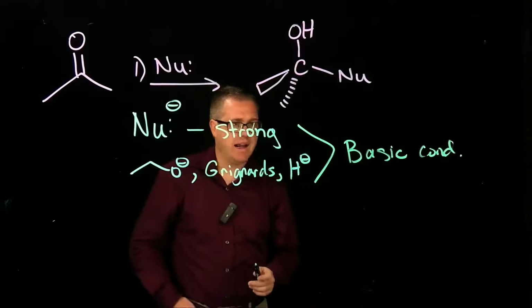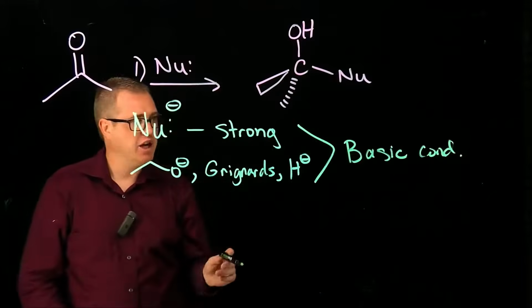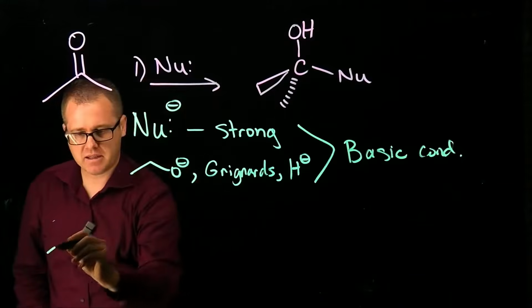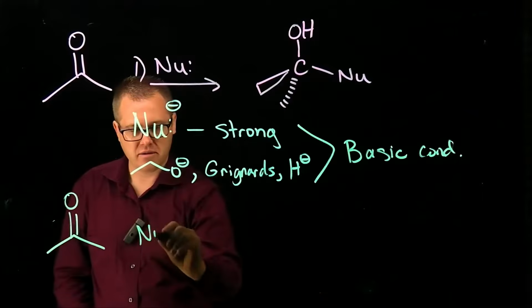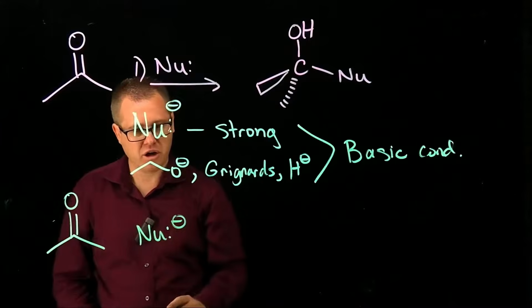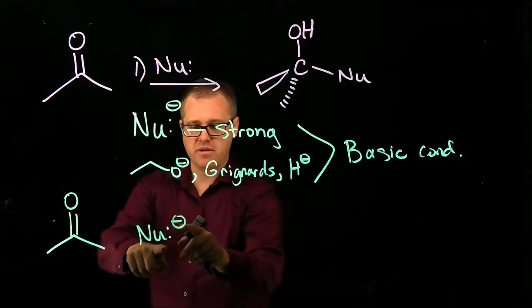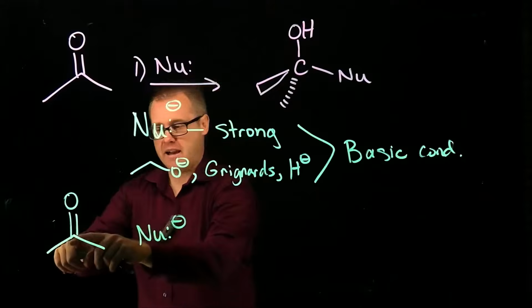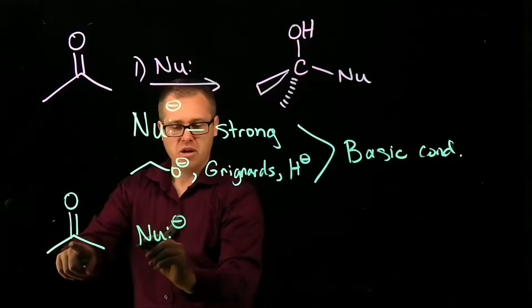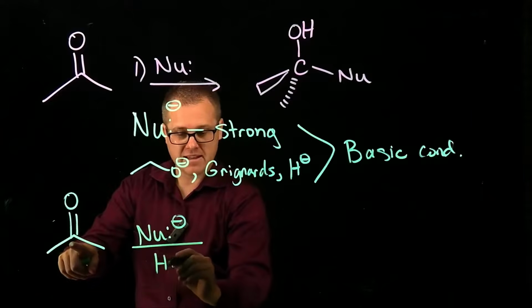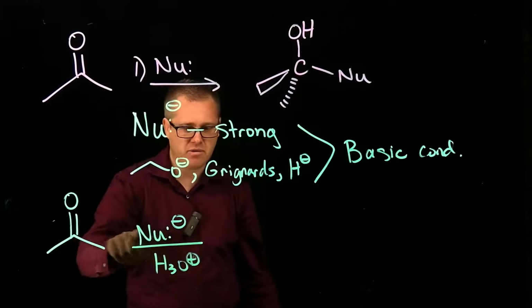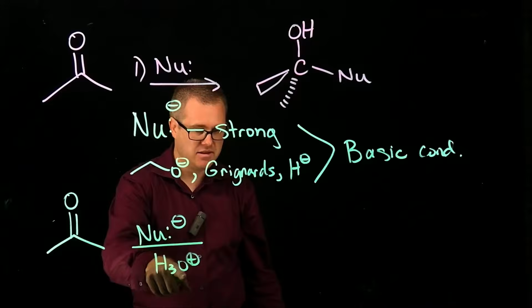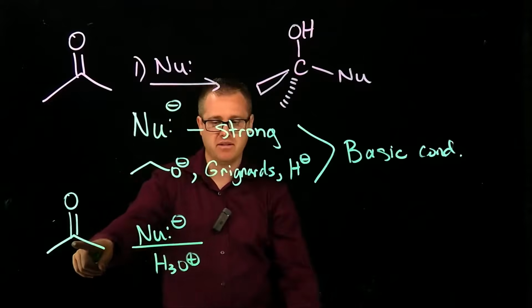And the reason why this reaction has to be under basic conditions is because if you tried to take your nucleophile, which is negatively charged, and you want the nucleophile to react with the carbonyl carbon, but you have an acid present, the nucleophile is going to react with your acid before it's going to react with the carbonyl.